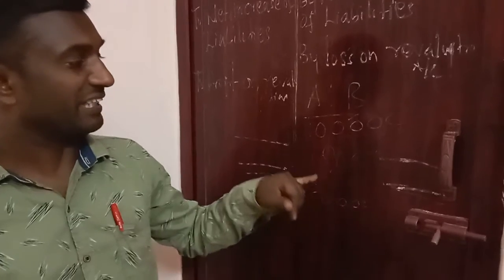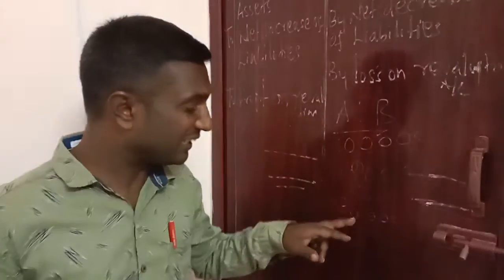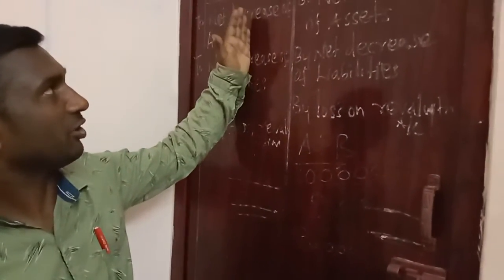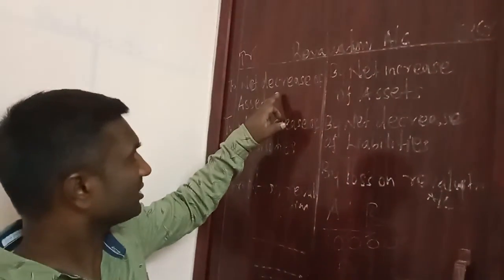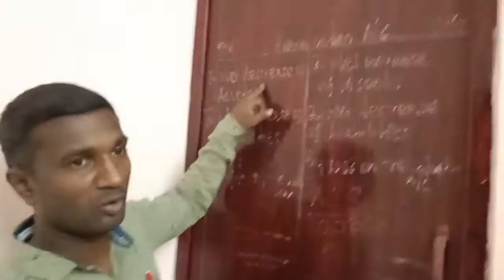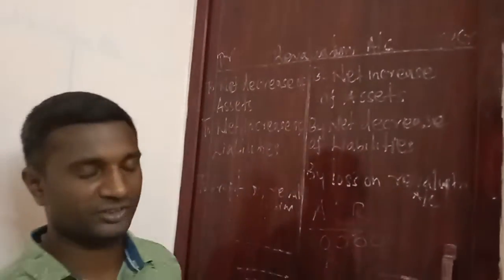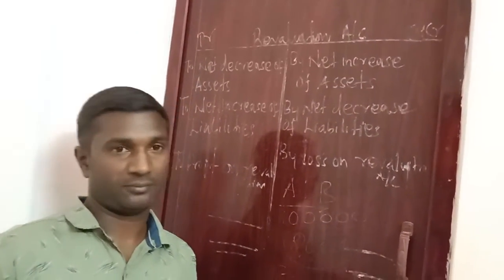So the asset decreased. Machinery is one of the assets. The asset decreased by 80,000, so we have to show it on the debit side of the revaluation account. This value we must show on the debit side of the revaluation account, to machinery account 80,000. Why? That is the procedure.